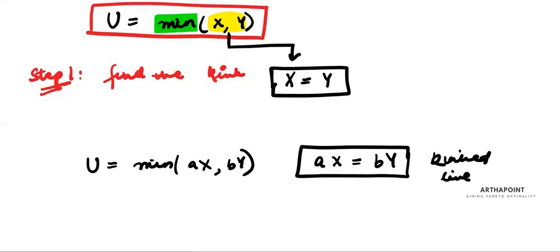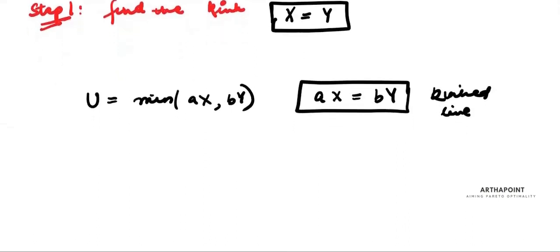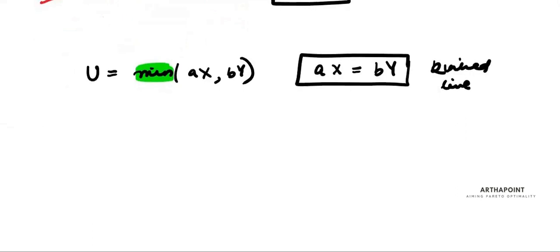Now, why is that the case? Well, that is because of the very property of the min function. Take this example. For example, I take x as 4 and y as 5. Then the min of 4 and 5 will be 4.